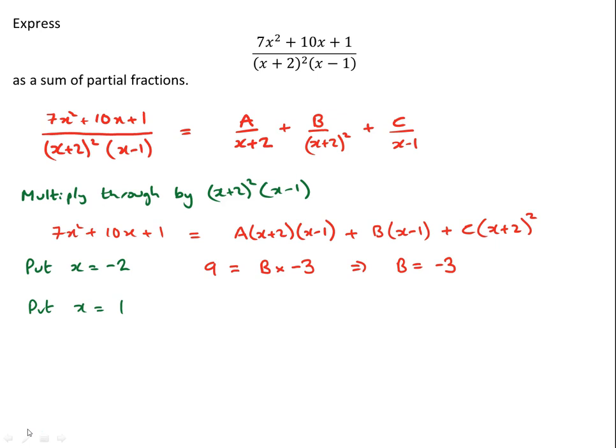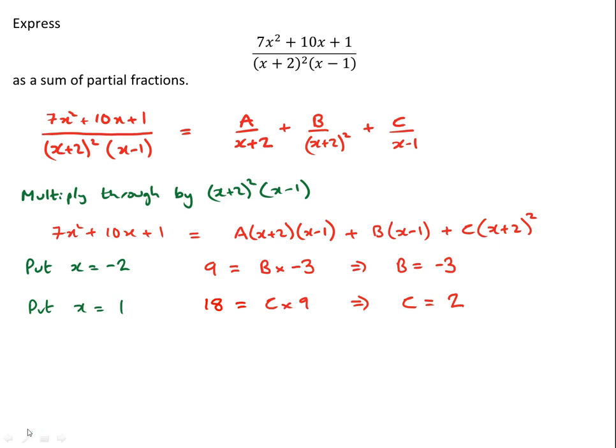So putting x equals 1, the left hand side is just 7 plus 10 plus 1, which is 18, equals 0 times a plus 0 times b plus c times 3 squared. In other words, 9c. And that tells me that c must equal 2. So I've already got the value of b and c.